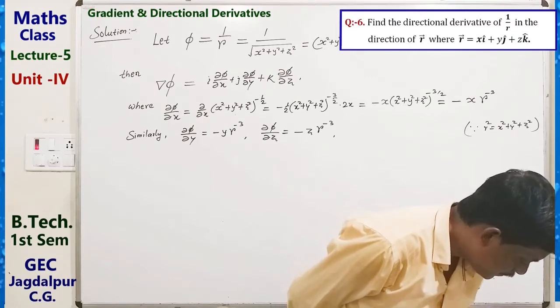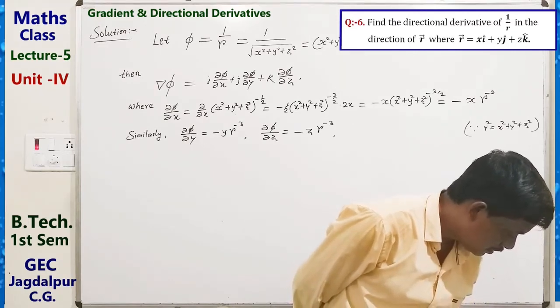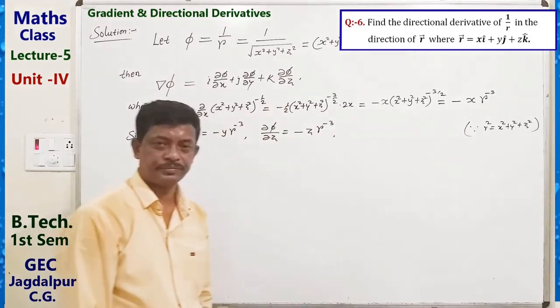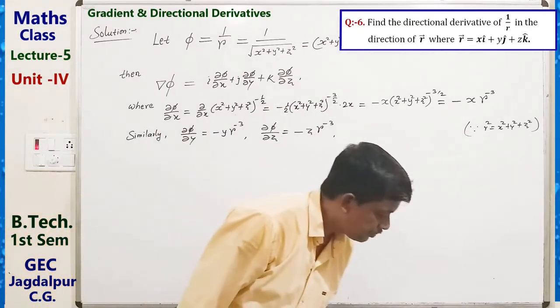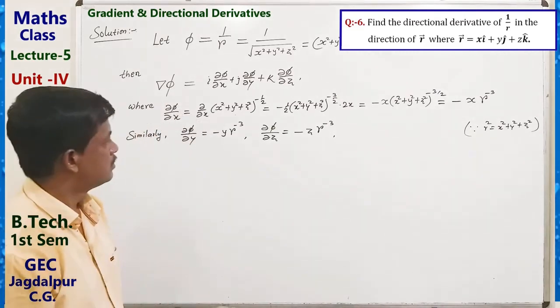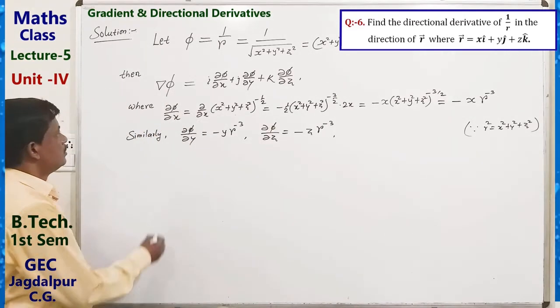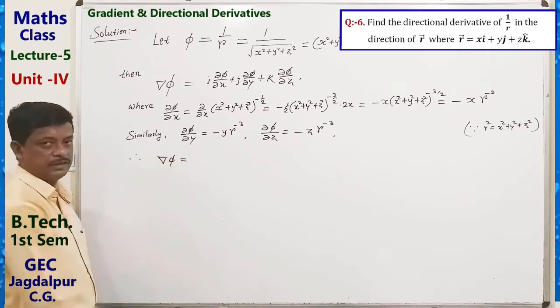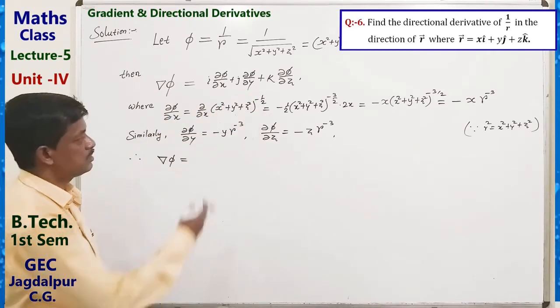Here, therefore del phi can be written as del phi equals this with i, j, k.